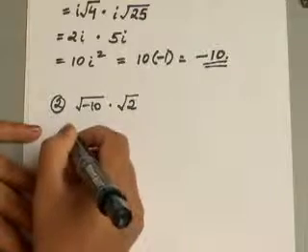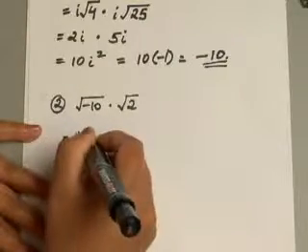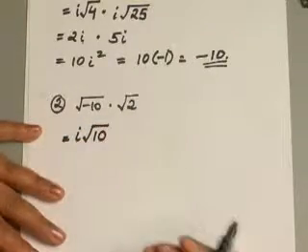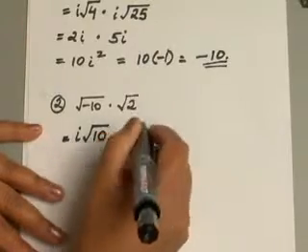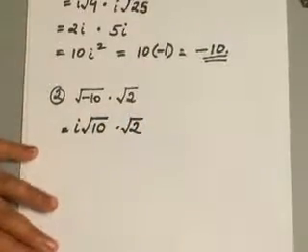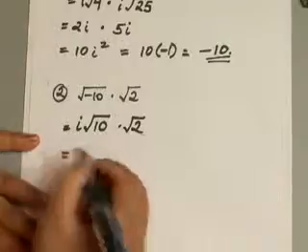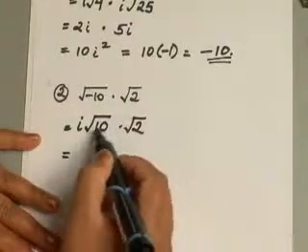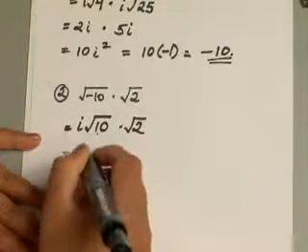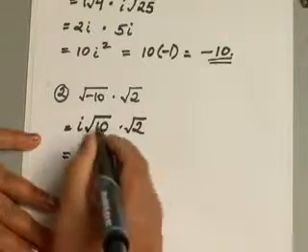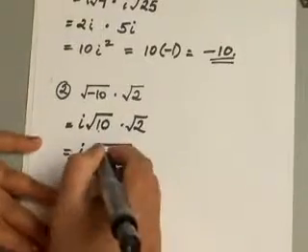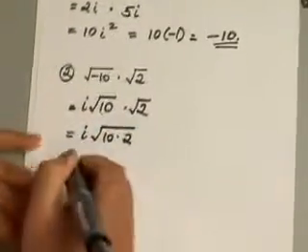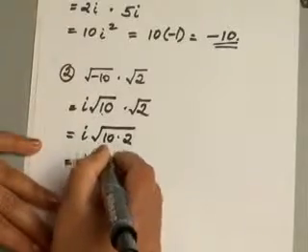So again, you will start by writing this as i times square root of 10. And then this stays the same, square root of 2. Now that these are both positive radicands, you can apply your product rule. And you will end up with 10 times 2, which will of course give you 20.